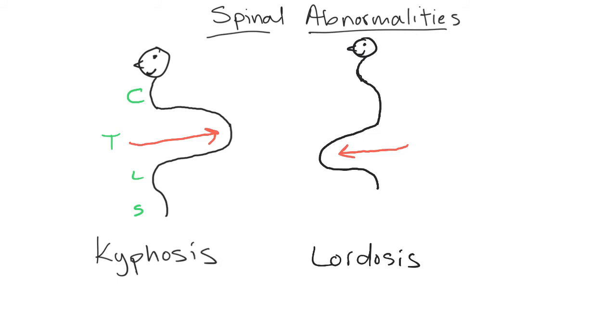What section of the spine and in what direction is it abnormal?